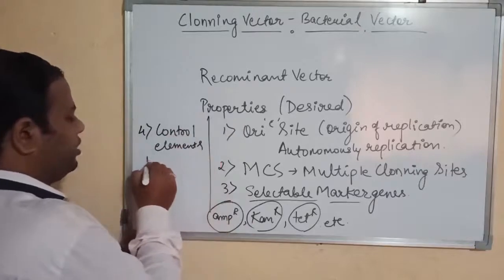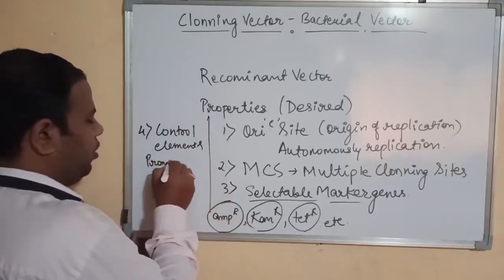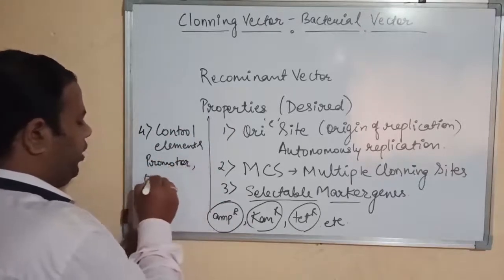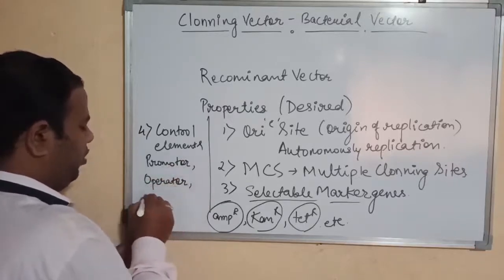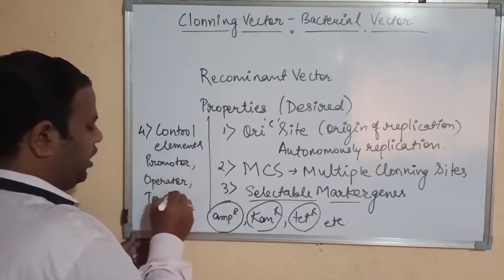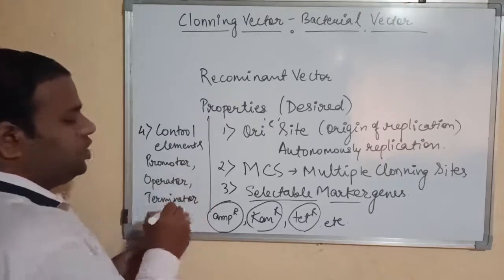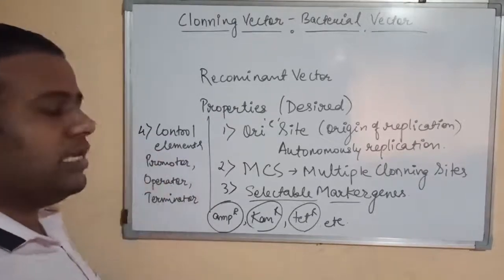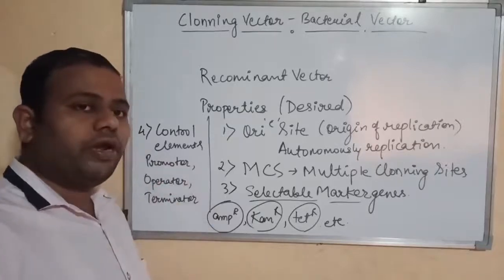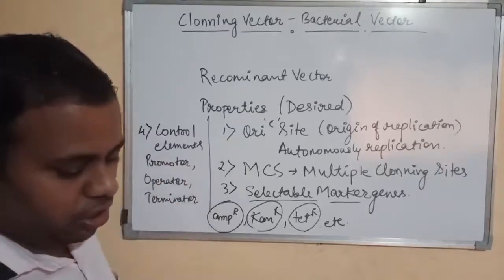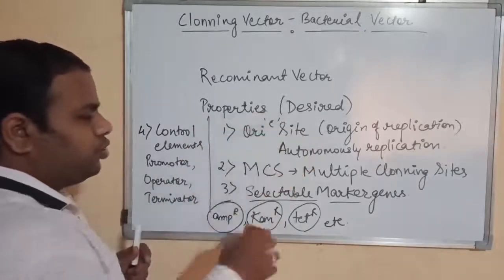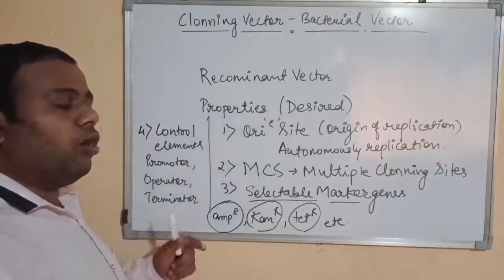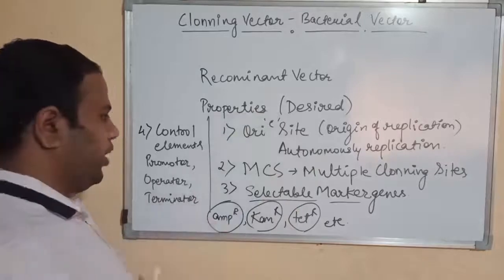The control elements can be a promoter, operator, or terminator. These are sequences which are present prior to the gene or after the gene, and they are important as they help in expression of the gene. So these were the desired properties that a vector should have in order to go for a successful cloning experiment.